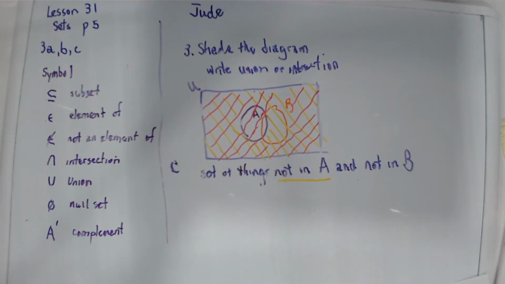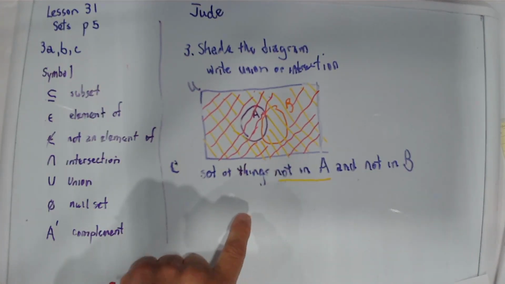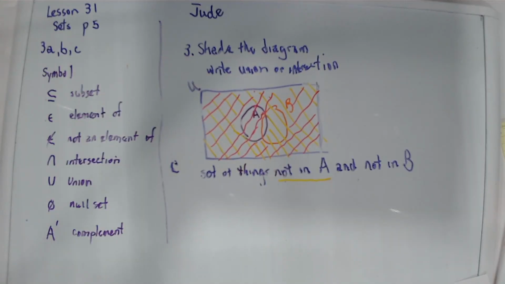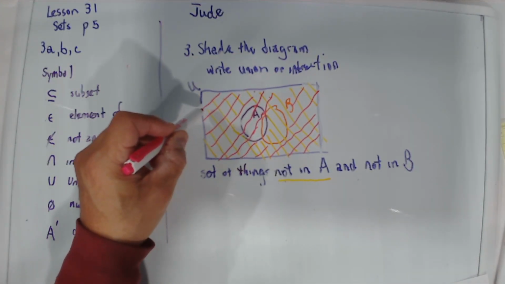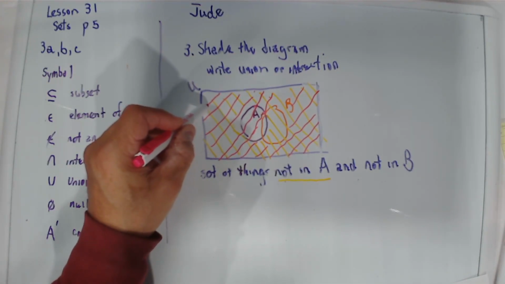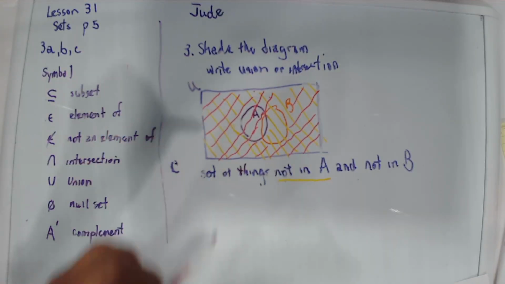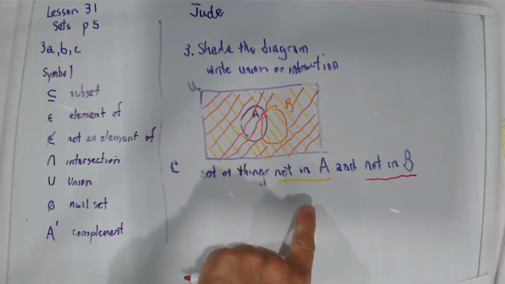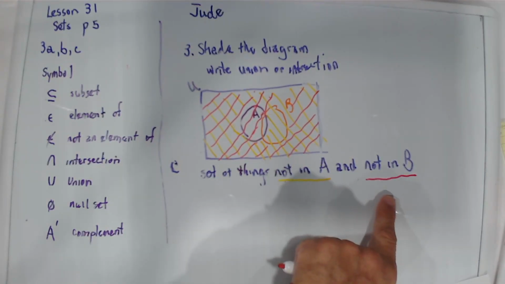Okay, so the yellow is not A, and the red is not B. So what we want is everything that has a hash mark, because it's only the ones that have red and yellow that are both not in A and not in B. So you can see that with the yellow and the red.